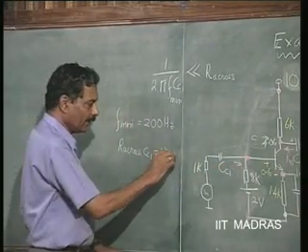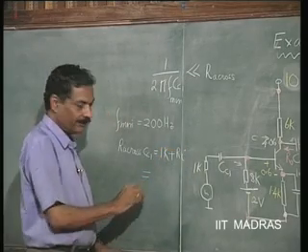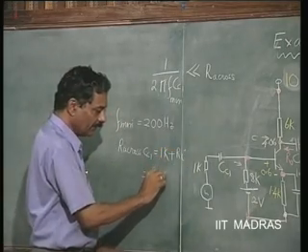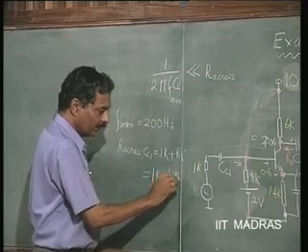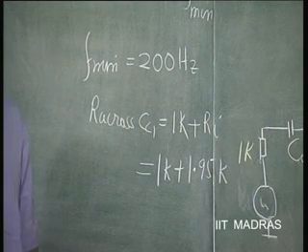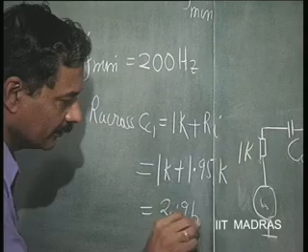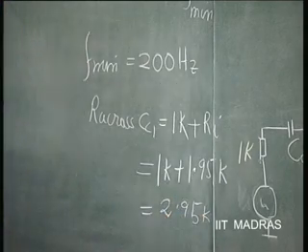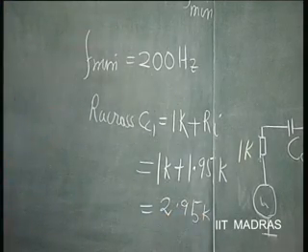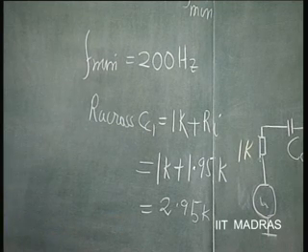So, 1k plus Ri, which we have already evaluated as 1k plus 1.95k. This we had already evaluated, correct. So, this should be 2.95k.